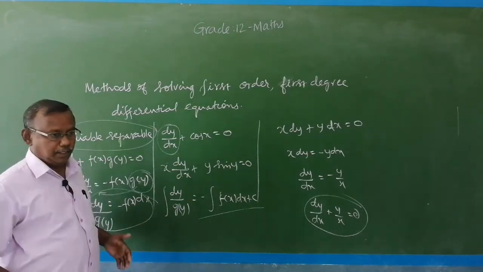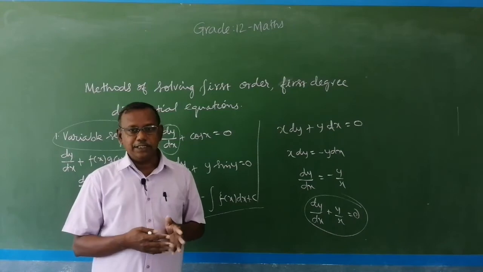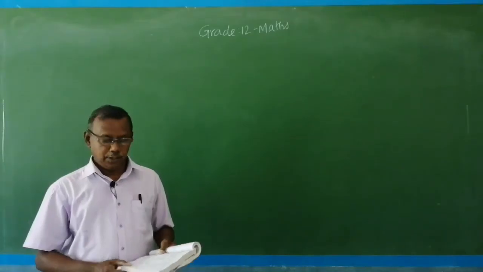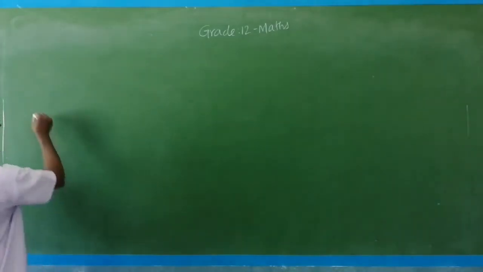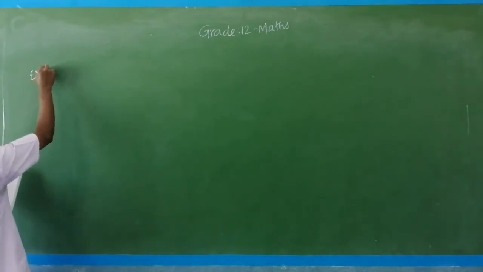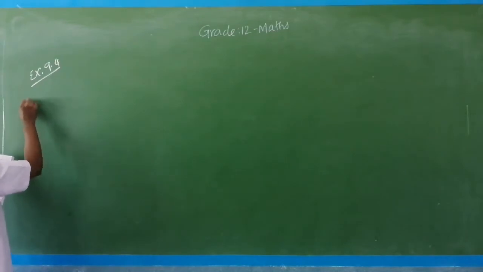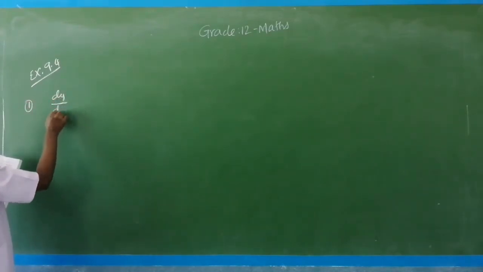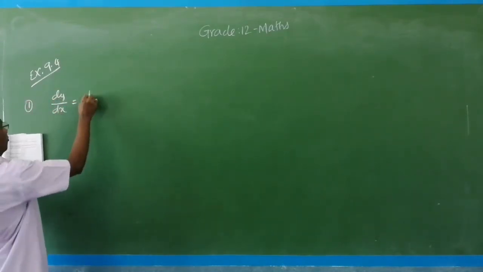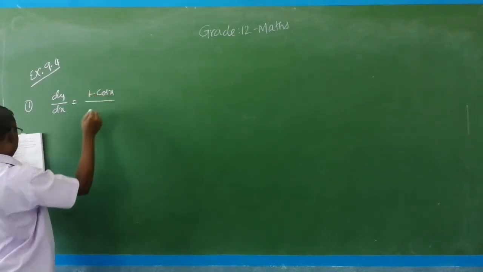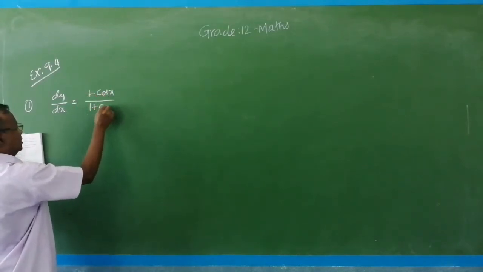Let us start solving the problems given in exercise 9.4. Question number 1. dy by dx equal to 1 minus cos x divided by 1 plus cos x.